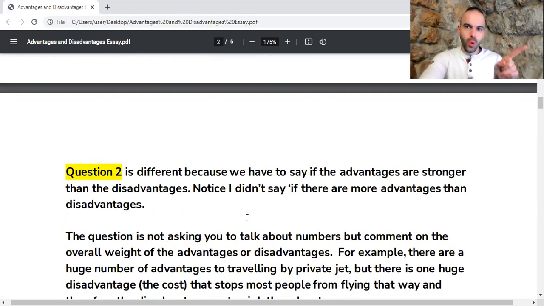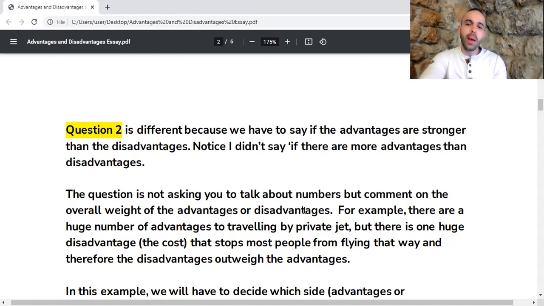Question 2, where they ask you, does this outweigh this? Question 2 is different because we have to say if the advantages are stronger than the disadvantages. Notice, I didn't say if there are more advantages than disadvantages. The question is not asking you to talk about numbers, but to comment on the overall weight of the advantages or disadvantages.